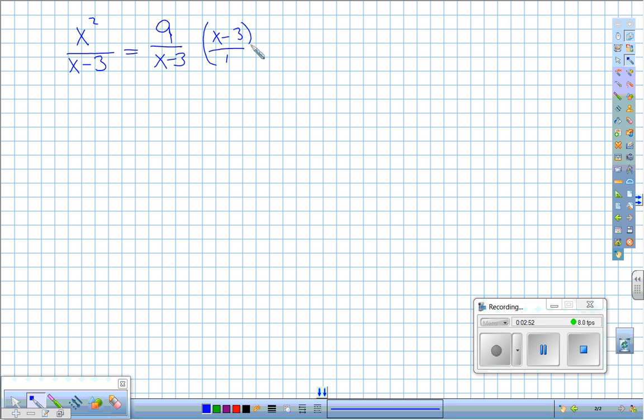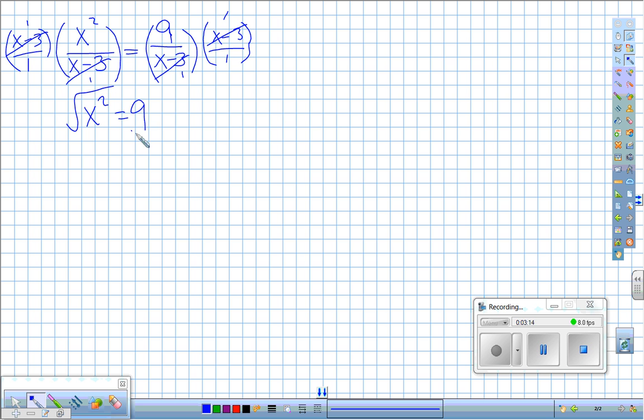And just so we realize that it's a fraction, I'm going to do it over 1 so that I don't accidentally multiply in the wrong place. I have to do everything I do on both sides. What's going to happen here is my x minus 3's will multiply to 1, so I have basically 1's everywhere. And here I will just have x squared equals 9.